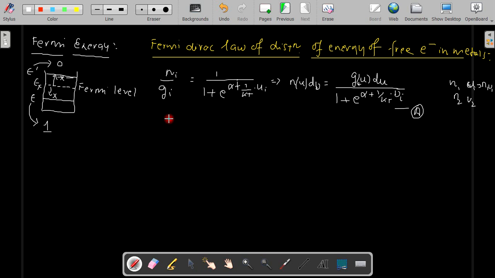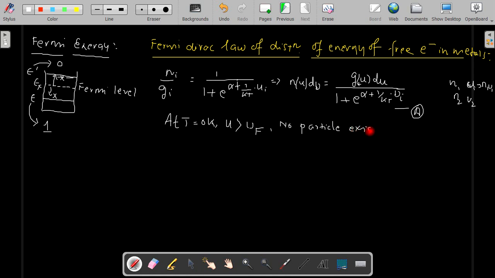Let's use some logic. At T is equal to 0 Kelvin, okay, let's say there is an energy level U which is above the Fermi level, okay, and we know that if an energy level is above the Fermi level, no particle will exist. So I can simply write it down, no particle exists.